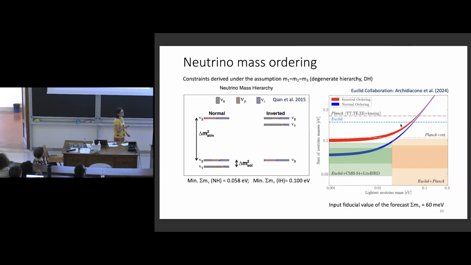This forecast assumes that the true neutrino mass is 60 meV. Of course, if the true neutrino mass is not 60 meV, so it's larger, 0.08 electron volt, then this gray and this orange bands will move up, and we will lose our sensitivity to the neutrino mass ordering.